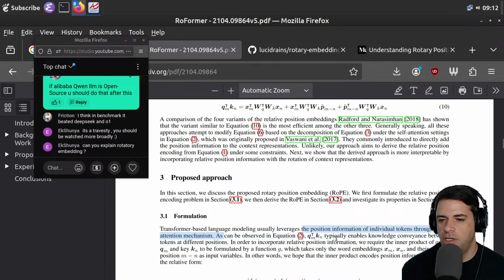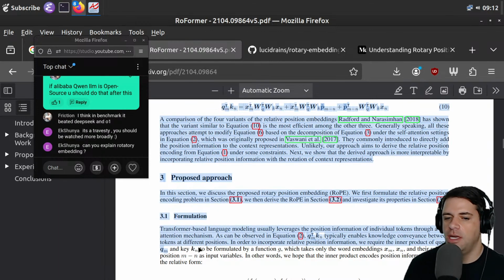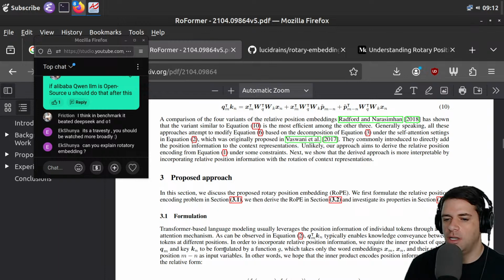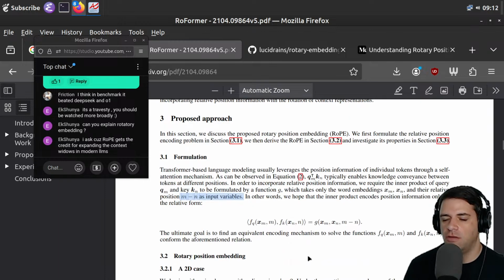As can be observed here, this q_m^T k_n typically enables knowledge conveyance between tokens at different positions. In order to incorporate relative position information, we require the inner product of the query q_m and the key k_n to be formulated by a function g, which takes only the word embeddings x_m and x_n, and their relative position m minus n as input variables. Therefore, we hope the inner product encodes position information only in the relative form.